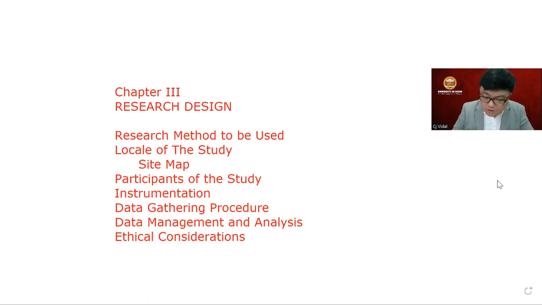Now, in so far as a qualitative study is concerned, you will also need to talk about trustworthiness of data. This is equivalent to reliability test and validity test.